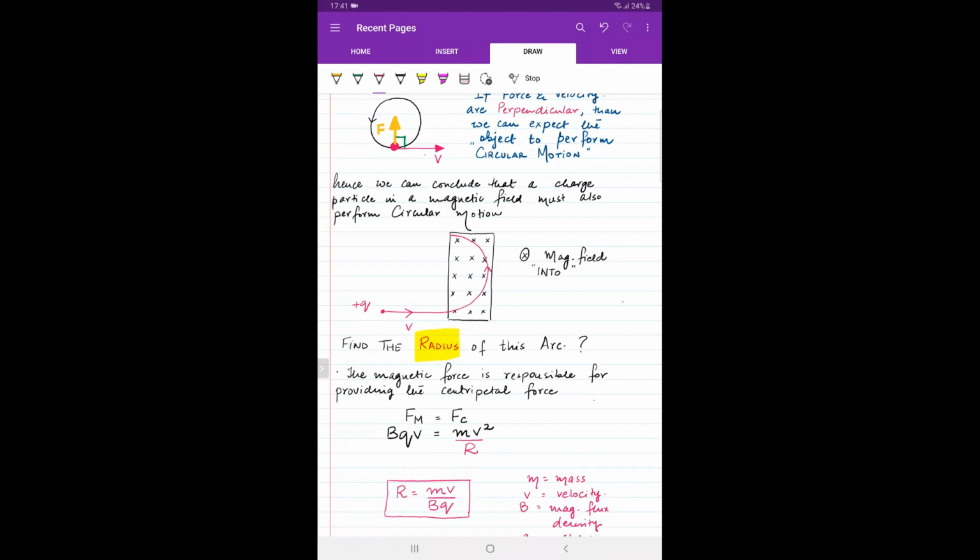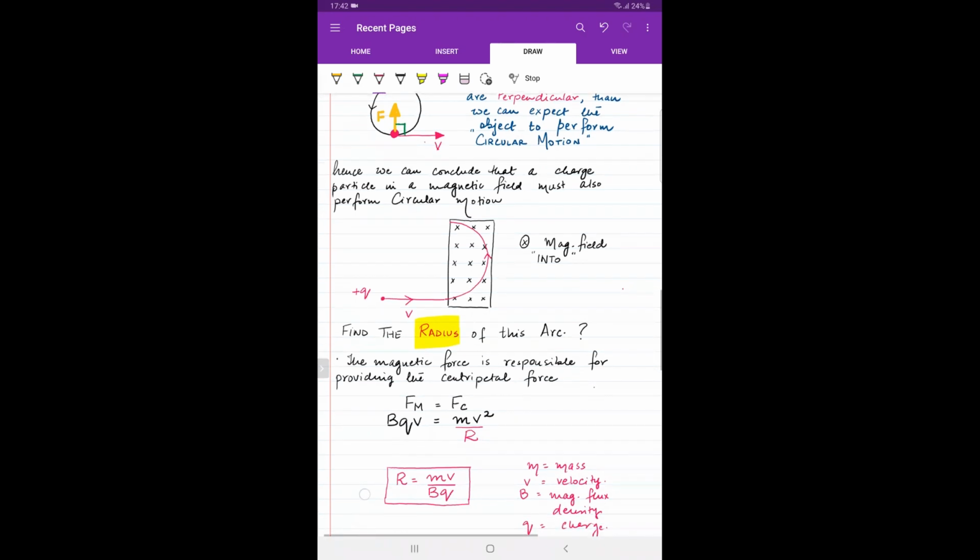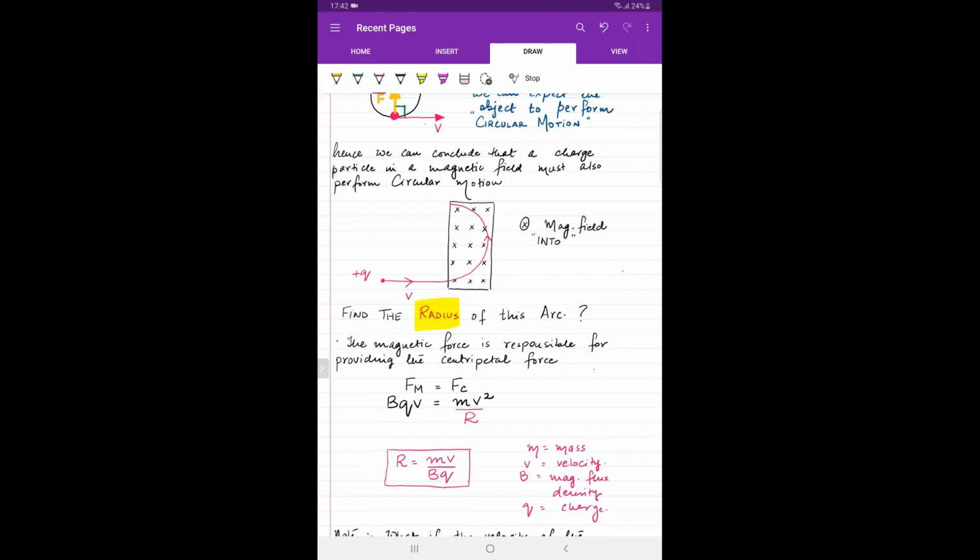So the relationship indicates, simplify कर लीजिएगा. So the relationship indicates that the radius of the circular arc depends on four factors. So it basically depends on the mass of the charged particle. It depends on the velocity of the charged particle.